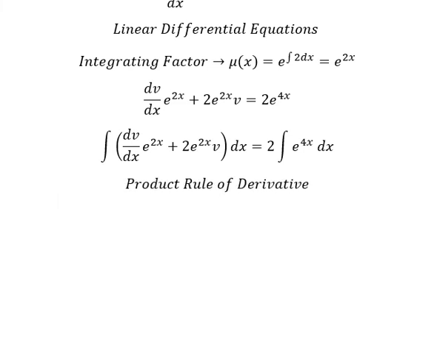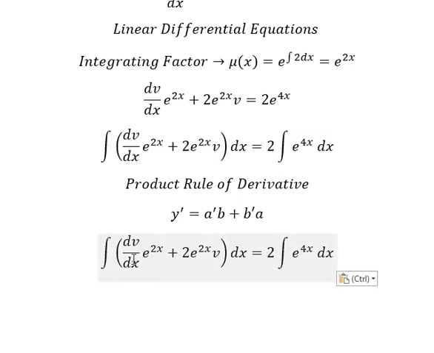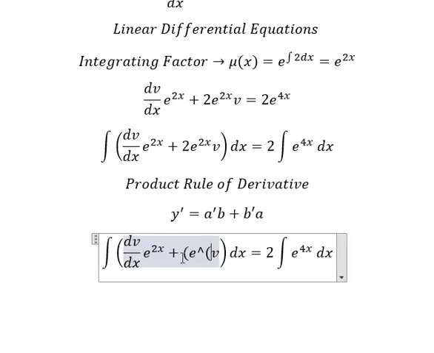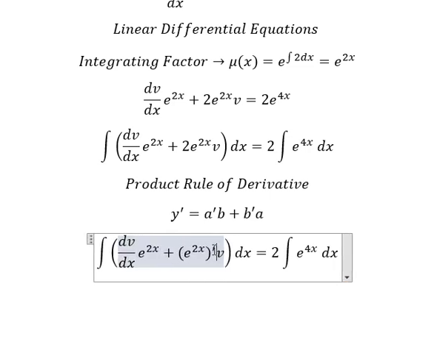So we have the derivative of y equals the derivative of a multiplied by b plus the derivative of b multiplied by a. So for this one, we have the derivative of a multiplied by b. This one we have the derivative of b multiplied by a.